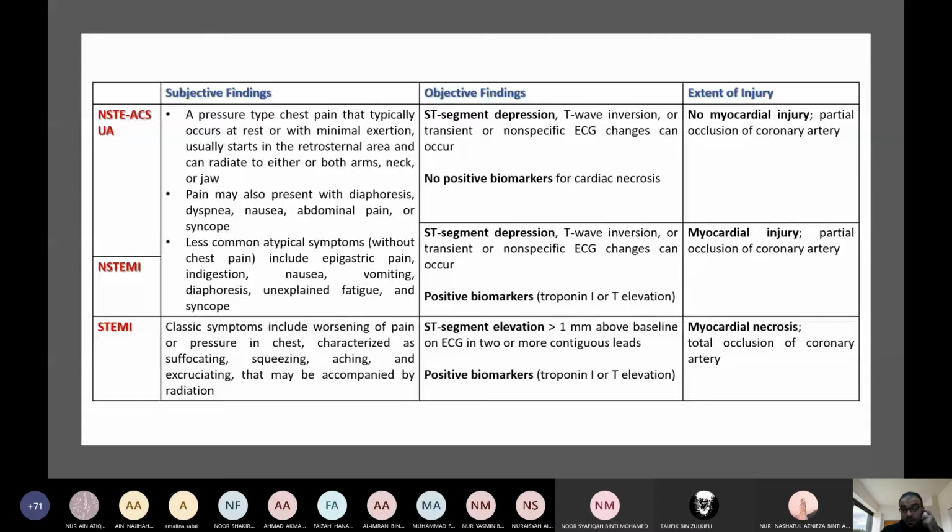And of course, in STEMI compared to non-STEMI, the ST segment elevation and the positive biomarkers also will take place. The clinical presentation in terms of symptoms is more or less the same, but the severe presentation will be there in terms of severity of the clinical presentation.